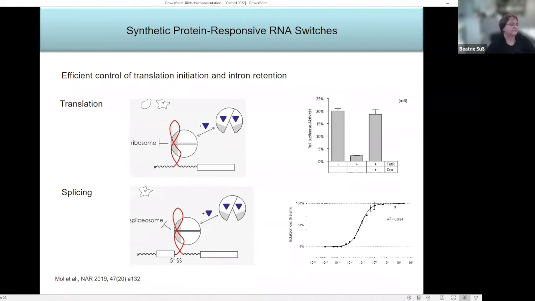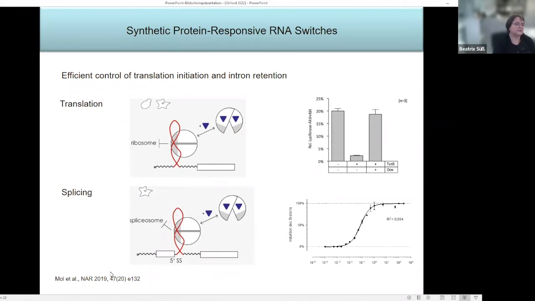And we then also showed that we can control the constitutive splicing if we have the aptamer close to the 5' splice site. So here, if you think about applying this system, you should have a look into this publication, because we really did a lot of optimization here.